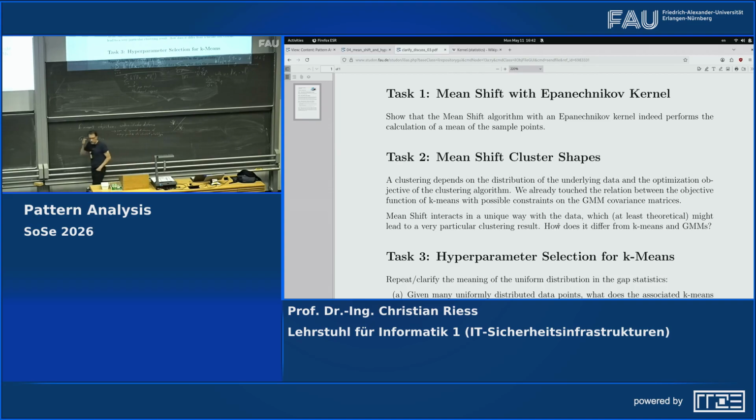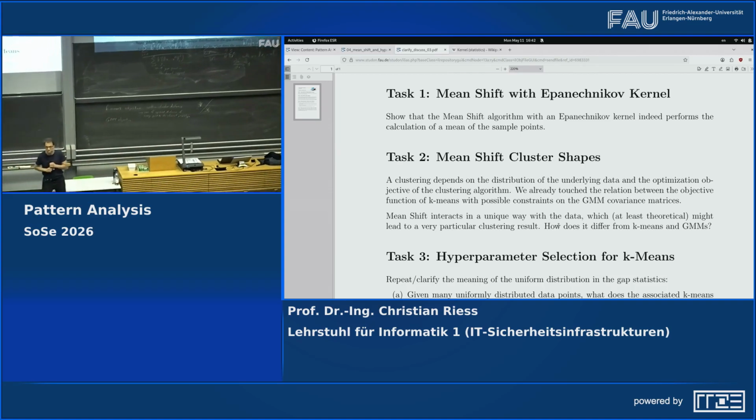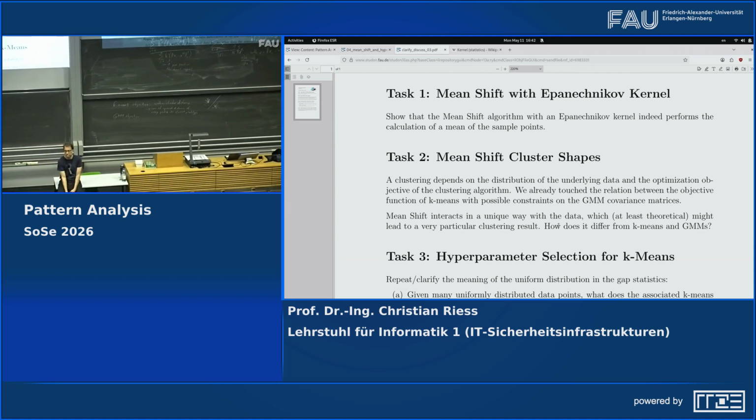What happens for the Gaussian mixture model? The fitting is more complicated with the expectation maximization. But at the end of the day, what is optimized?